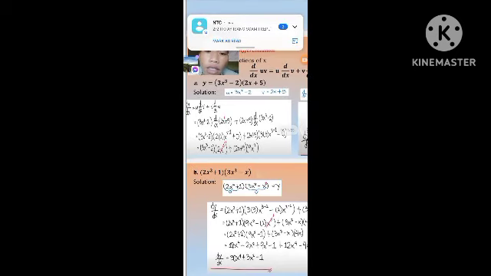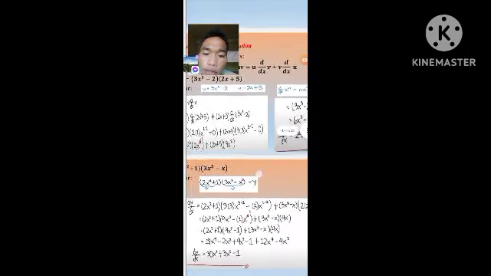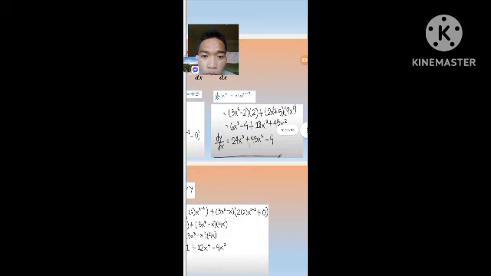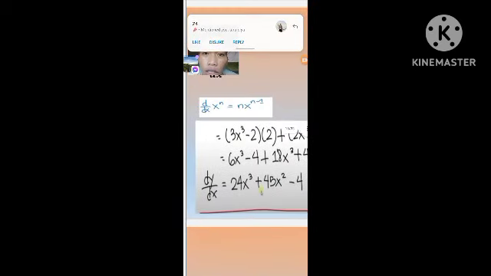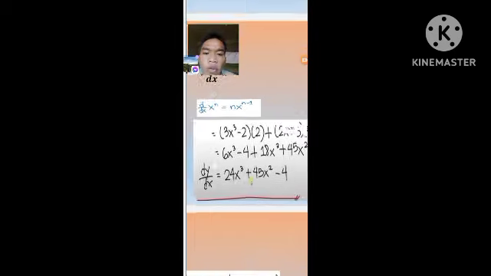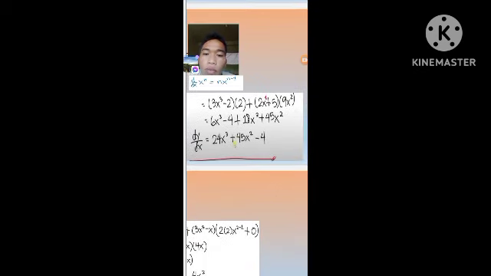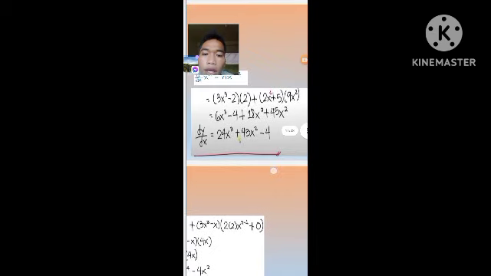And then plus 2x plus 5 times 9x squared, and then n times n plus 1. And then the total of 6x cubed plus minus 4 plus 18x cubed plus 45x squared. And then add them.